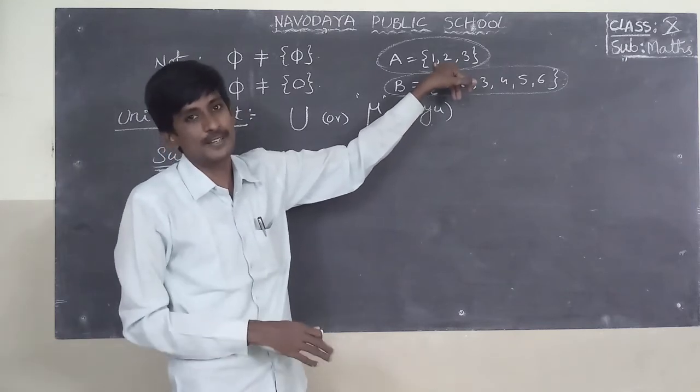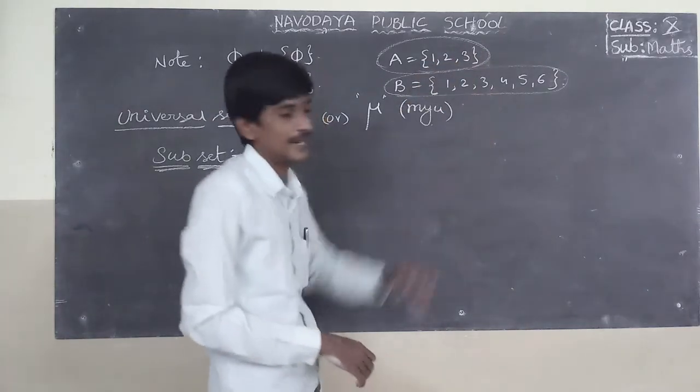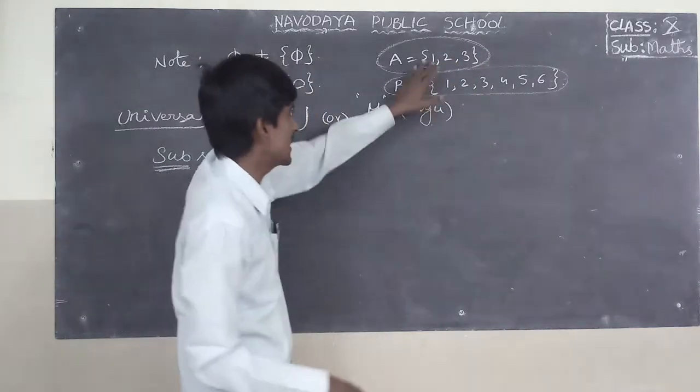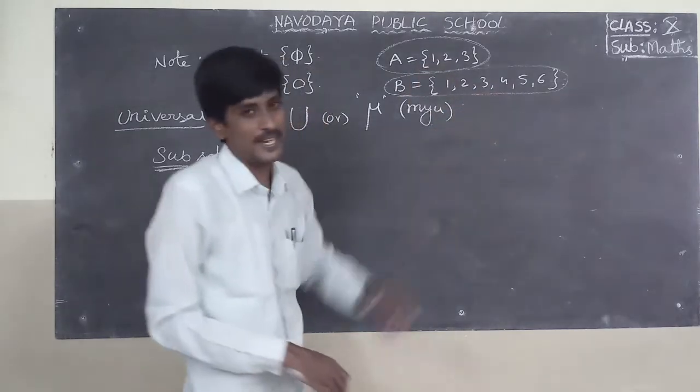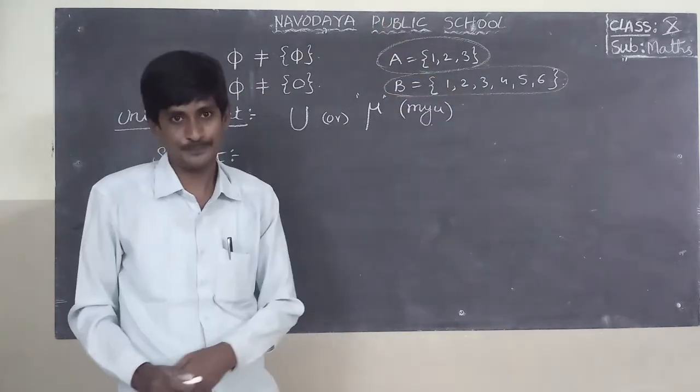Likewise, every element 1, 2, 3 is included in set B, so A is a subset of B.